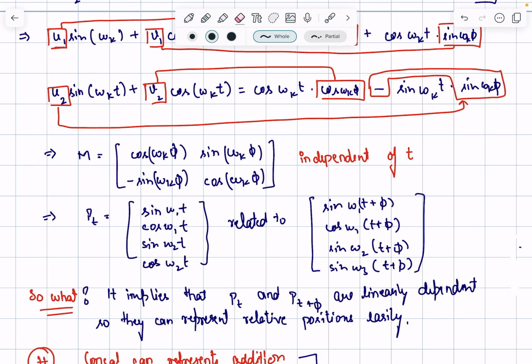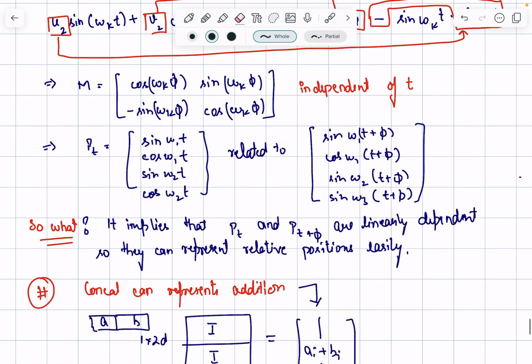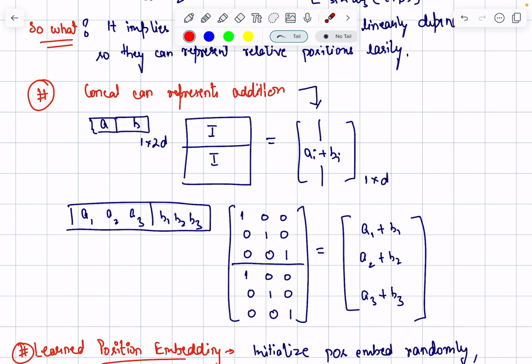Let's move on now. So this implies that Pt is related to this particular function. We have already seen what that implies. Now there is a general question I want to discuss: in general, which one is stronger, like which one assumes the other. We could have equally done that.